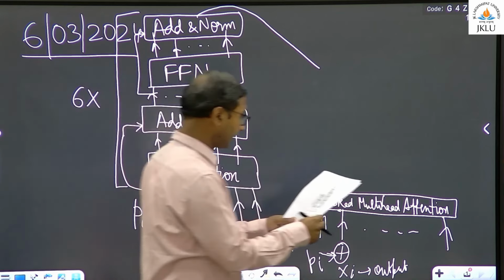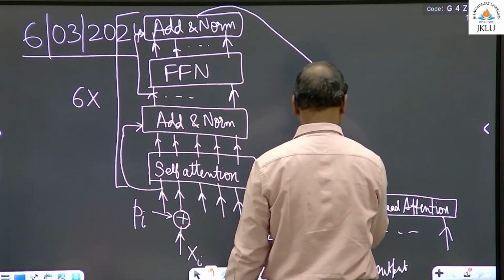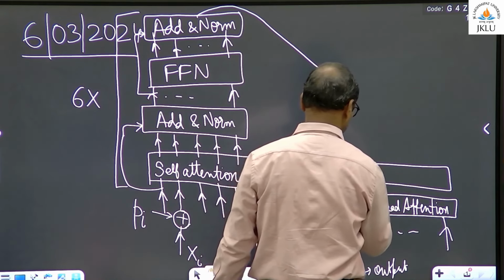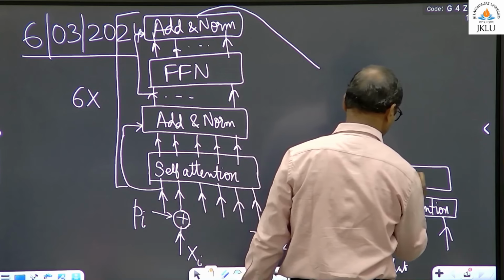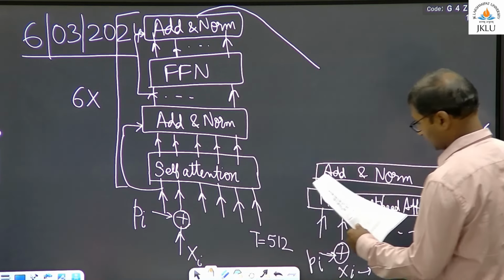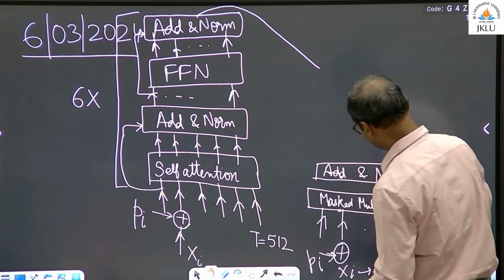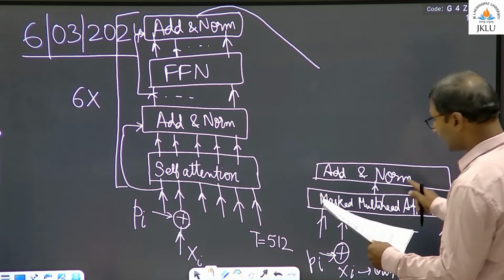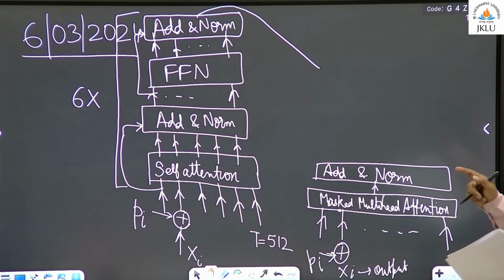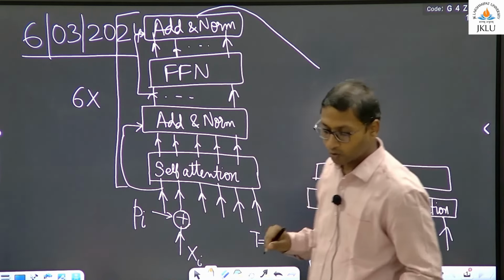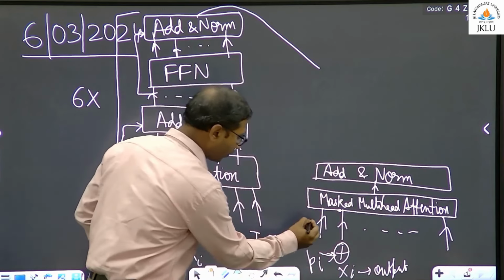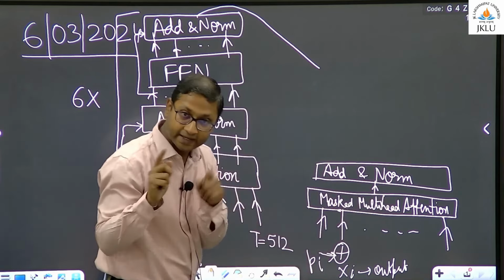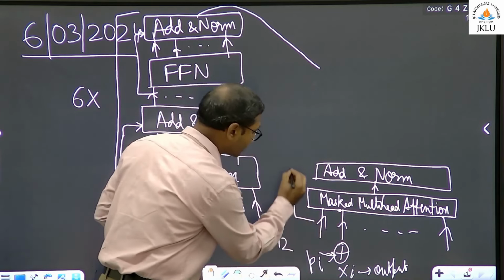After masked multi-head attention, you have that same thing again, that is add and norm. Instead of making so many arrows, now I just make one. Add and norm means I am going to short circuit. So add whatever you were feeding as input to masked multi-head attention, after Xi plus Pi, we short circuit it here.